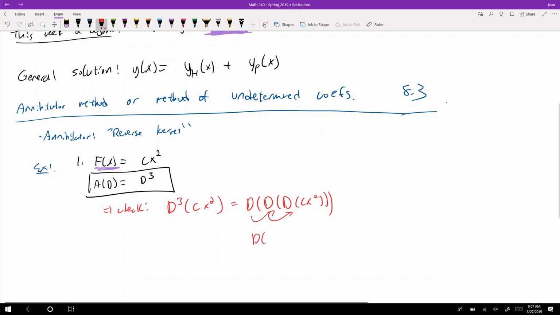Well, that's equal to 2cx. Then the derivative of 2cx evaluates to 2c. And now we take the derivative of 2c, and that's going to be 0. Okay.